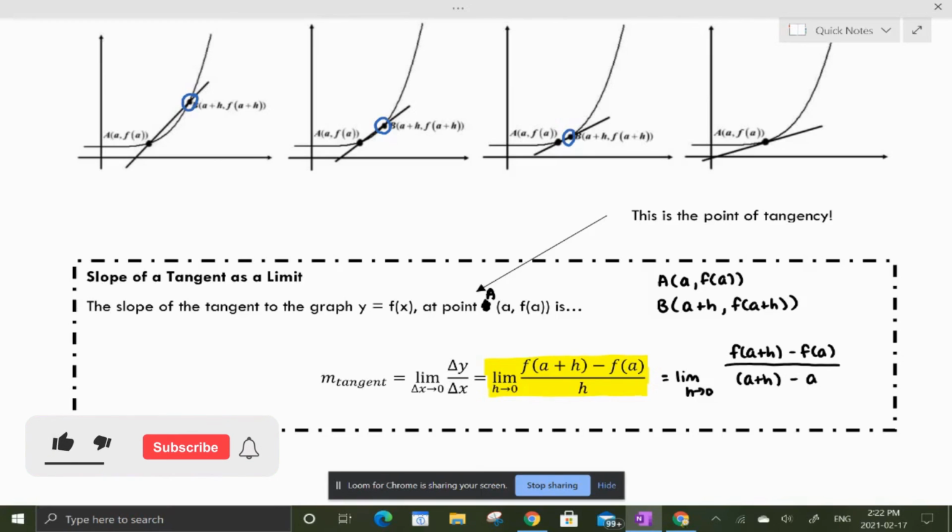So that's why we have h approaching 0. At some point when that h is 0, we're going to be able to figure out the slope of our tangent. So let's take a look at finding out the slope of our tangent algebraically. At first, when you look at the equation, it looks terrible, it looks complicated, but I assure you, once we start doing these, it'll make a little bit more sense.